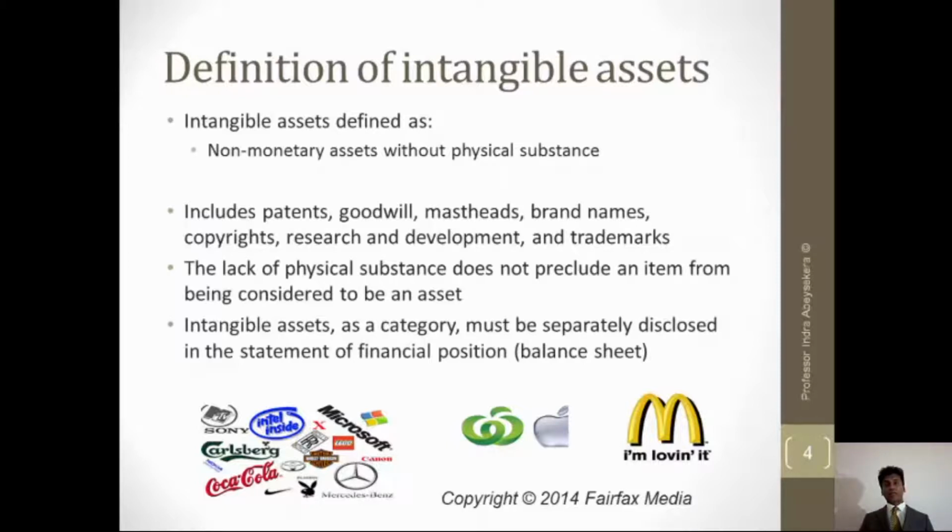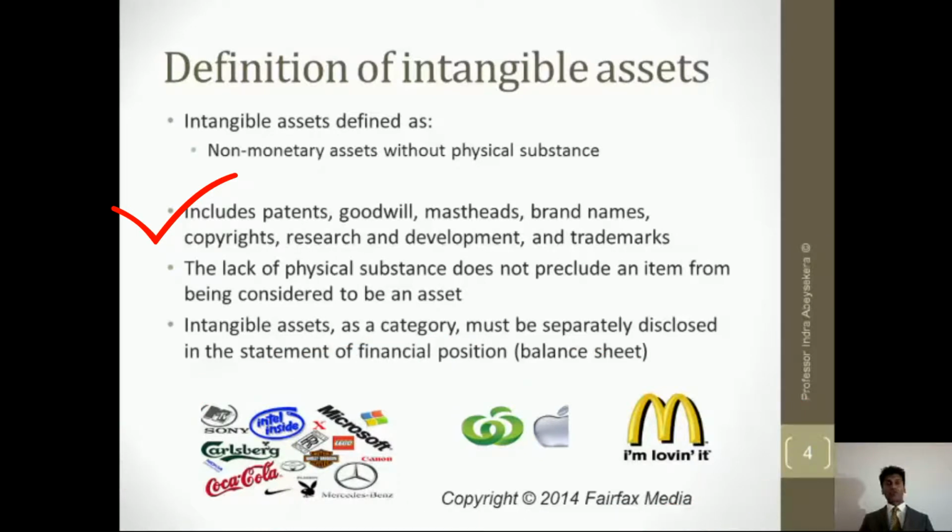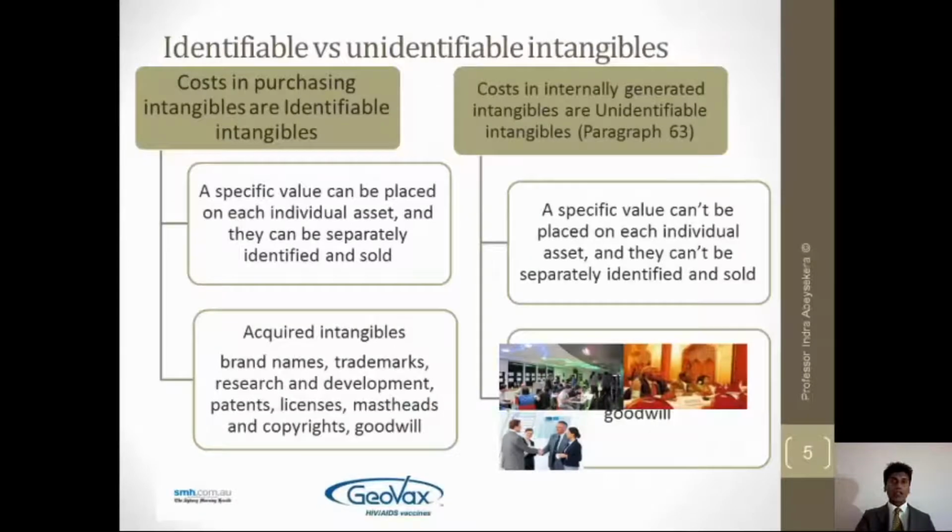Examples of them are brands, assets, goodwill, copyrights, trademarks. There are two classes of intangibles. There are some intangibles that we can identify, some intangibles that we can't identify.